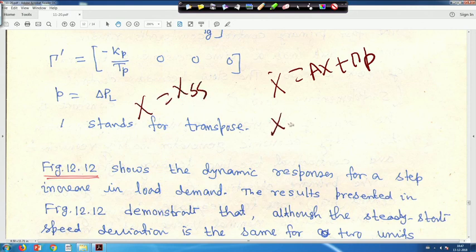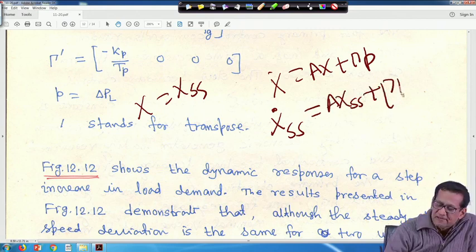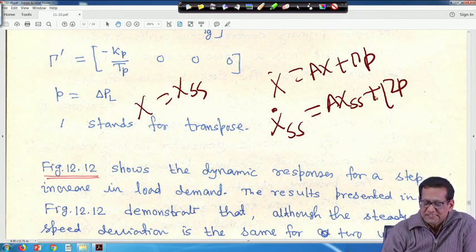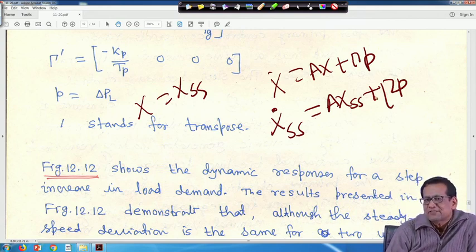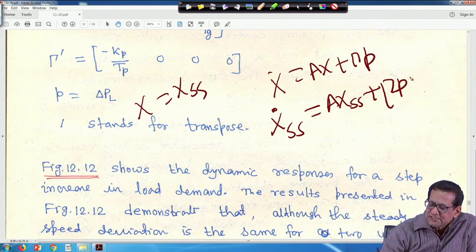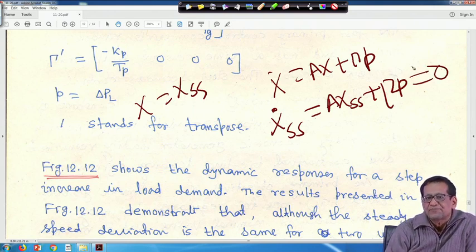So we substitute: x_ss dot is equal to A x_ss plus gamma p. But at steady state all the state variable derivatives will be 0, that means this should be equal to 0, right.